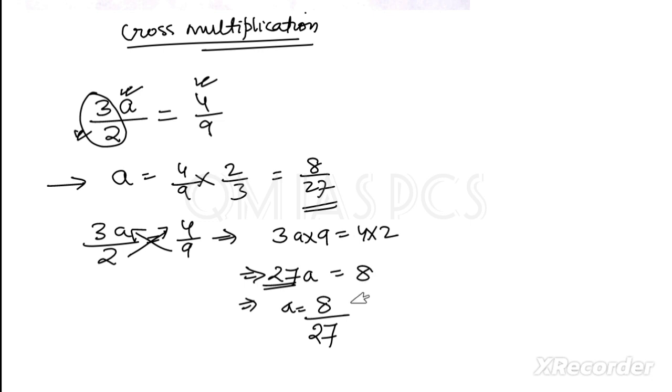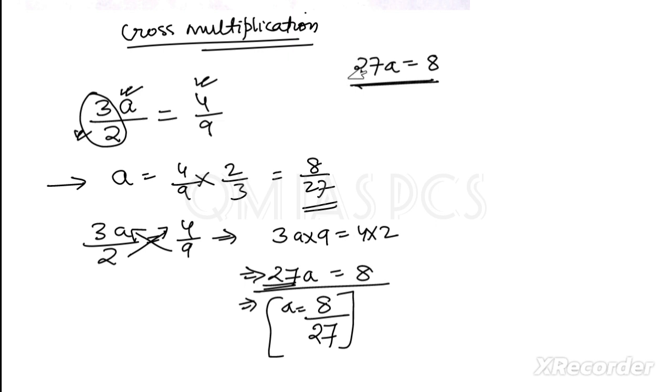Still, if you are not getting this, there is one more method from this step, 27a is equal to 8. Now just divide by 27 on both sides.